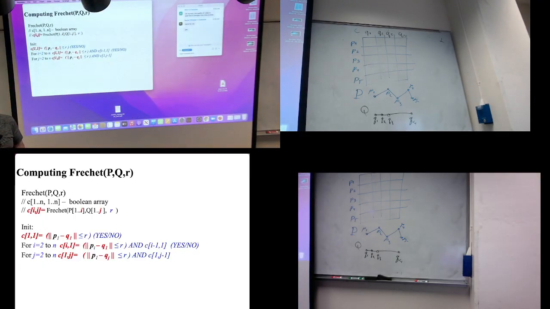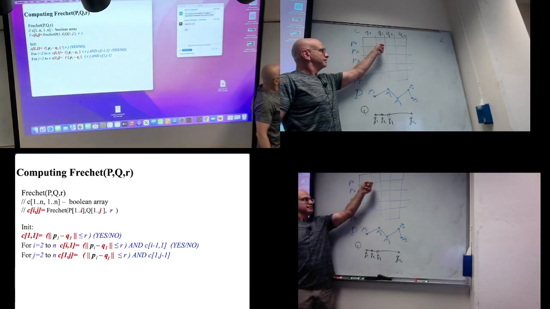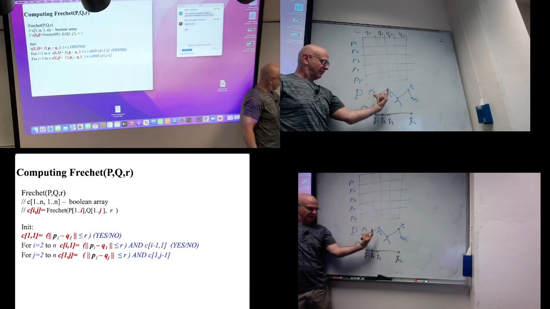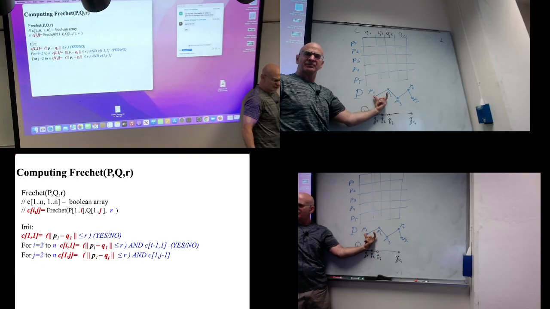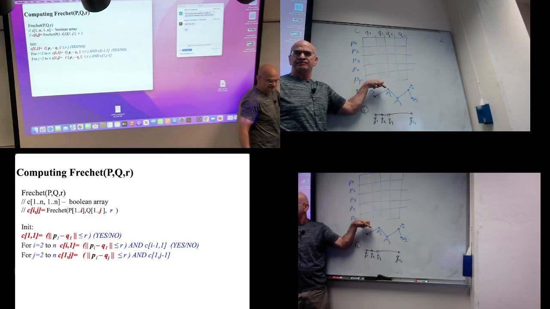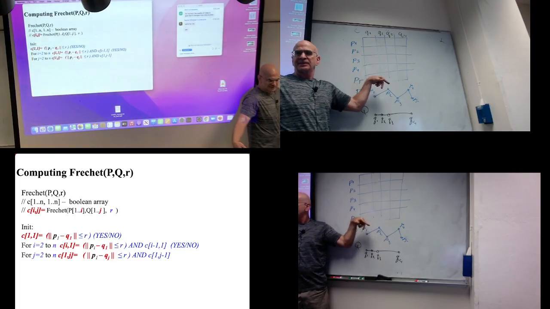In the case of dynamic time warping, we use this array C. The cell 3, 2 was looking at the prefix of the first path. A prefix of the path is what? It is a polygonal path that just contains the first few vertices. That's my definition.